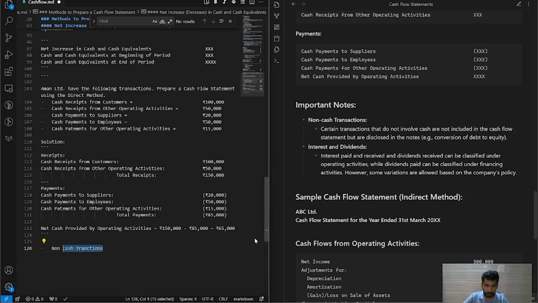If there are non-cash transactions, they are not included in the cash flow, and are added back if it is an expense and subtracted if it is an income, but disclosed in the footnotes to the accounts.